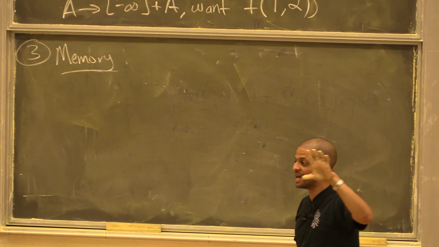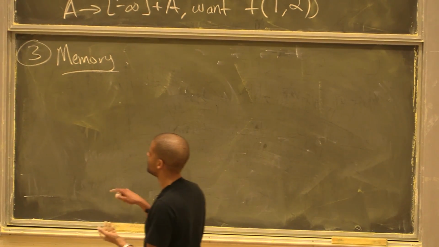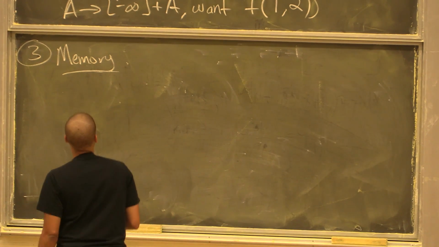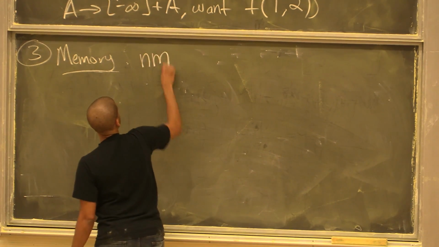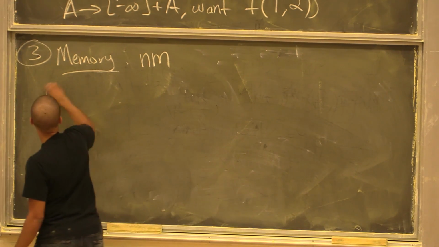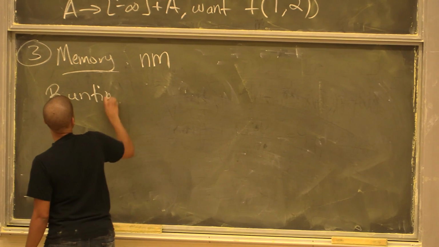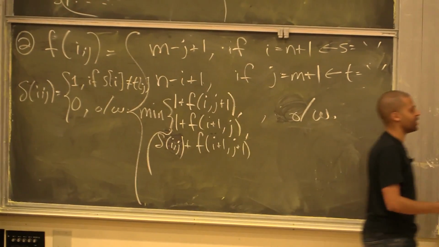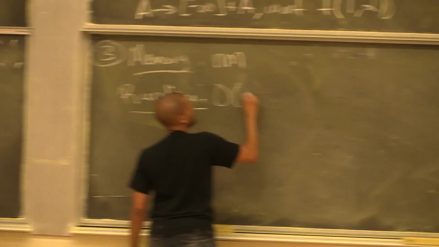So how many possibilities are there for i? n, because i is an index into S. And there are m possibilities for j, so it's nm extra memory for the lookup table. And how about the runtime? Well, per input to F, I'm just doing constant work and taking a min of 3 things, right? So again, it's constant time per input. There are nm inputs, so it's O of nm.